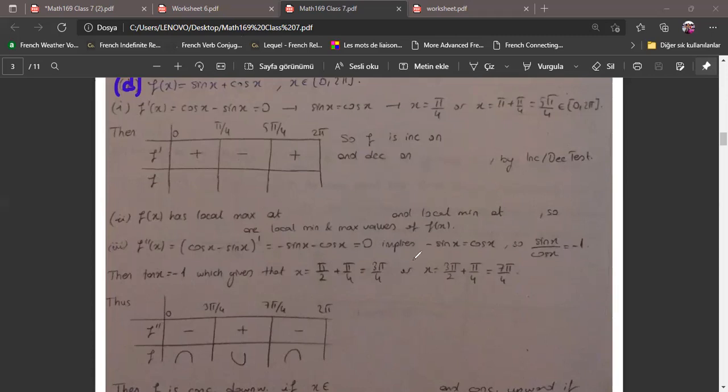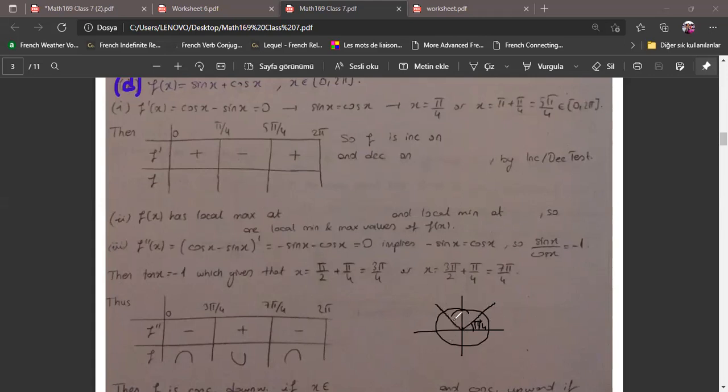Then do we have that again, unit circle. So we know here at pi over 4, we have 1.